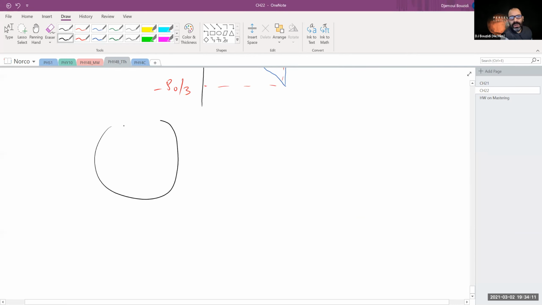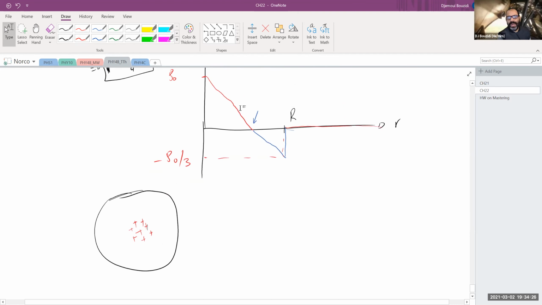So this is how the sphere looks if I want to envision it, okay? So there is a sphere, not a circle, a sphere, somewhere in the middle, and all the way to 3/4 of the way, the charge is positive. And it starts with a big value, rho naught, and it starts to go down linearly.